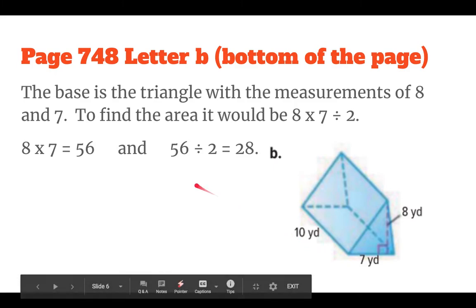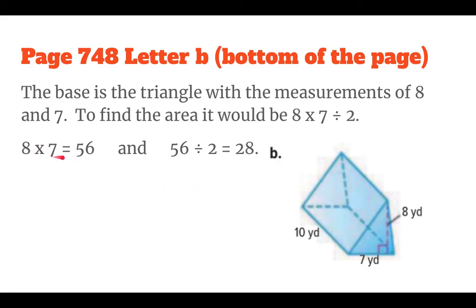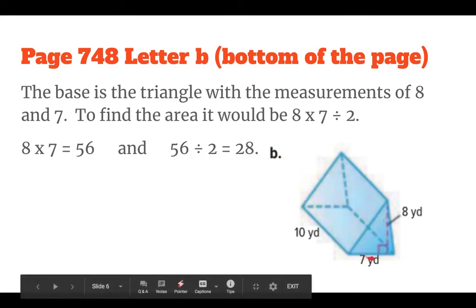Same problem. The base is 7, the height is 8, so 8 times 7 is 56, and then you divide it by 2. So just this triangle would be 7 times 8 divided by 2, which is 28, just the area of this triangle.